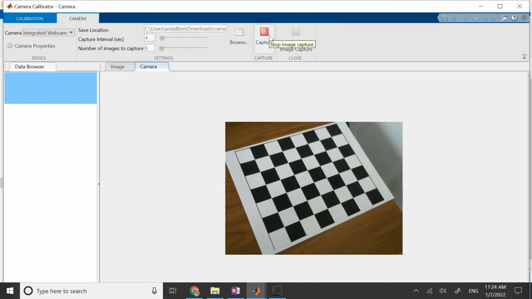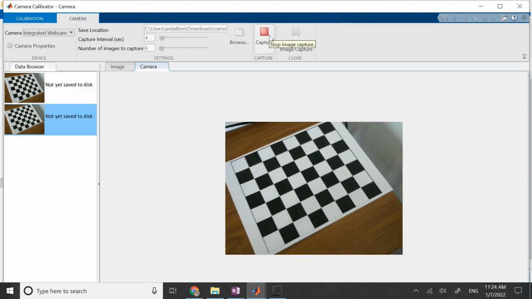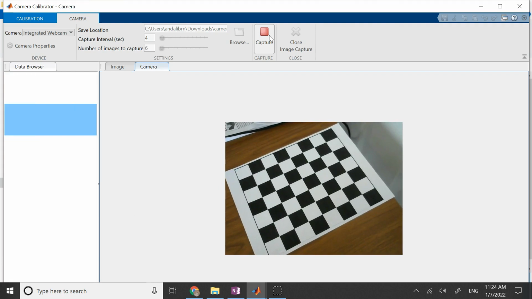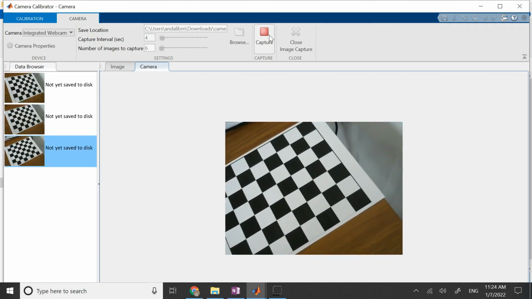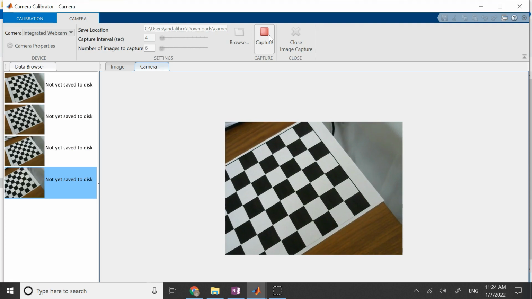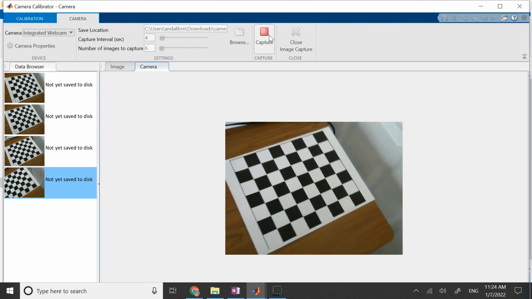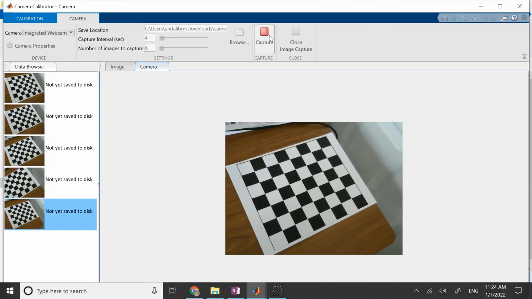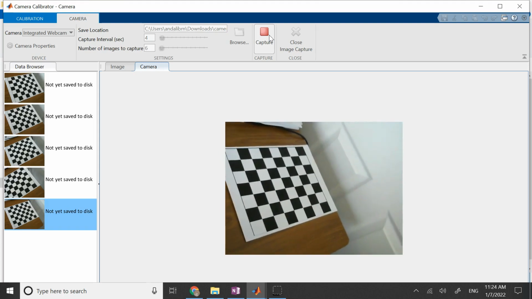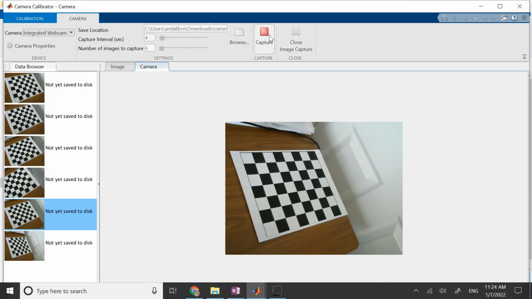And you clearly see once it takes a picture, it is going to appear on the left-hand side, right? You see some of the images I make deliberately to not have all of the chessboard in them. And we'll see if MATLAB is going to take them from me or is asking for another recapture. Here we go.